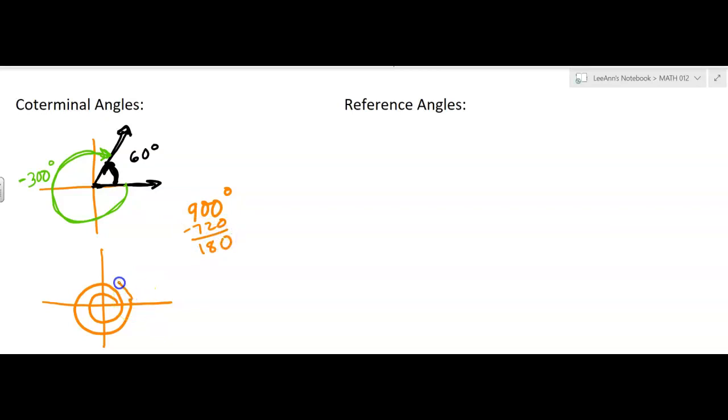Okay, so I'm going over to here. That would be 900 degrees, right? So it was like 2.5 circles around, okay? We would say 900 degrees and 180 degrees. Okay, so let me draw the 180 degrees. So here's 180 degrees. Those are coterminal.